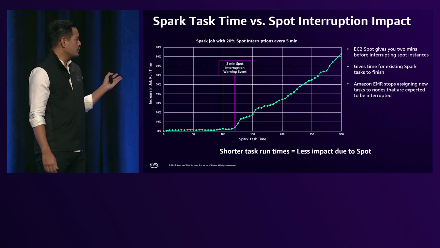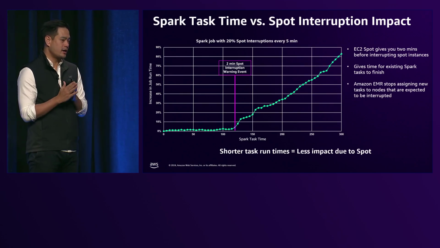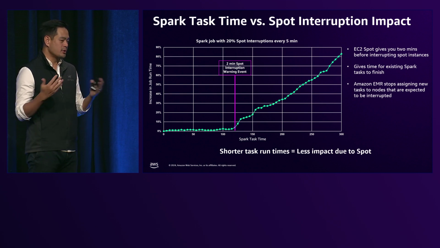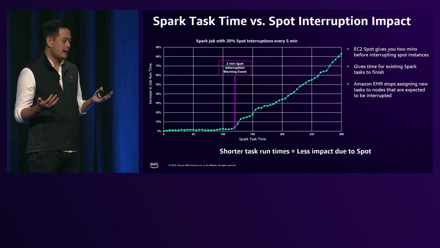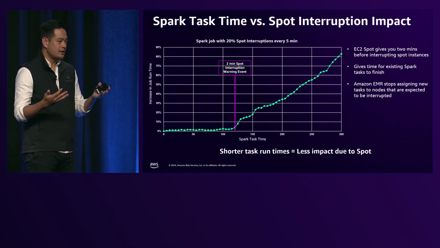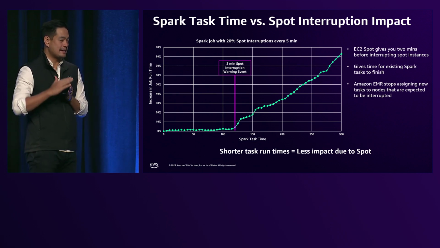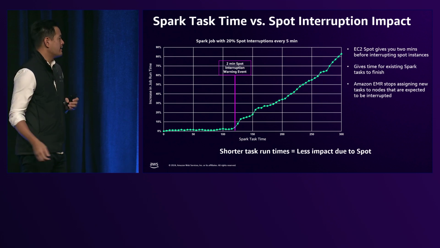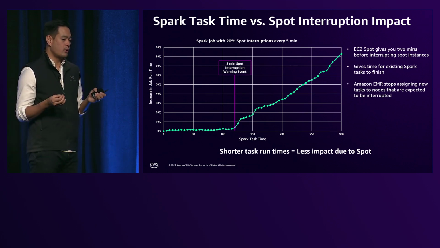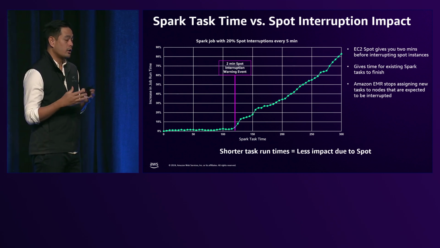And so what we found was that for the Spark applications whose task runtime was under 120 seconds, there was almost no impact to their job runtimes. They pretty much perform the same as if they were running on on-demand, for example. Once the Spark application's tasks exceeded 120 seconds, that's when we started to see a lot more job failures and, as a result, longer runtimes.